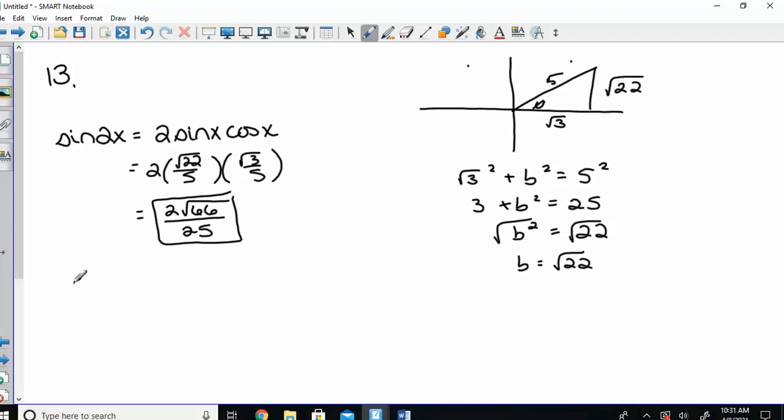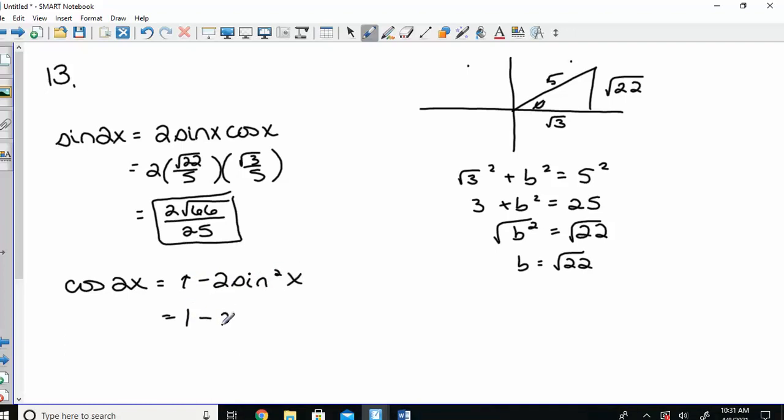So cosine 2x, you have 3 formulas, pick one. 1 minus 2 sine squared. Okay.